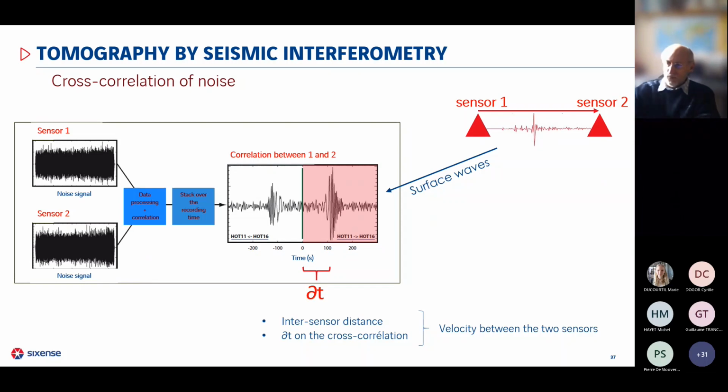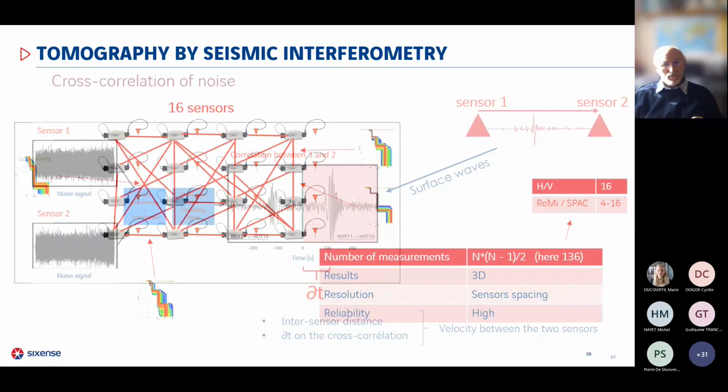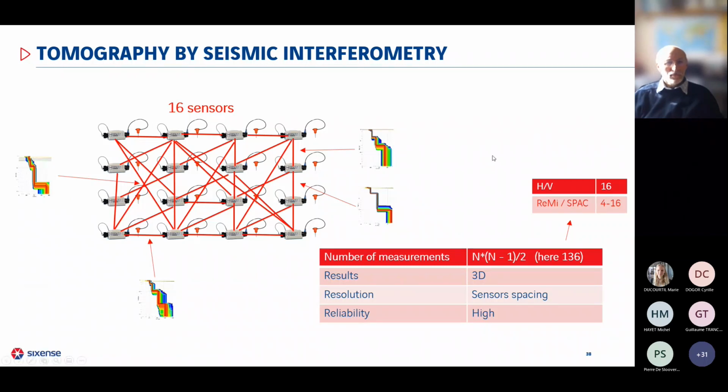And this is how we obtain velocity measurements between pairs of sensors. If we get back to the same array of 16 sensors, with which we have maximum 16 measurements with the other cited methods, here we could have 136 measurements with the seismic interferometry method.